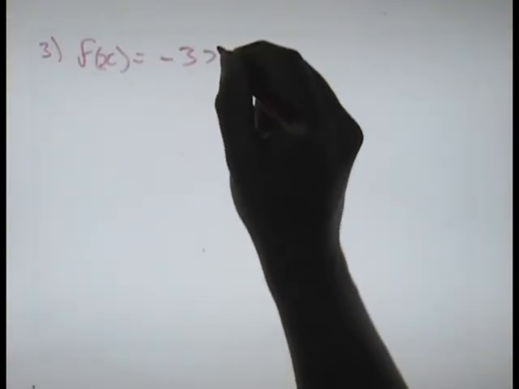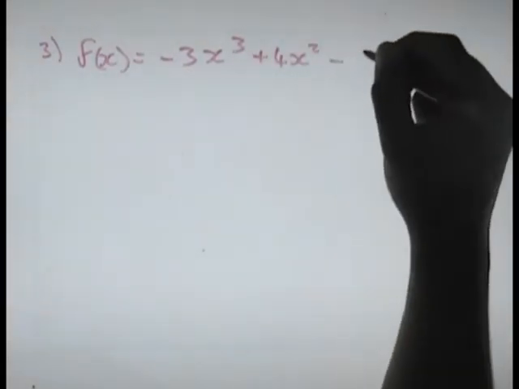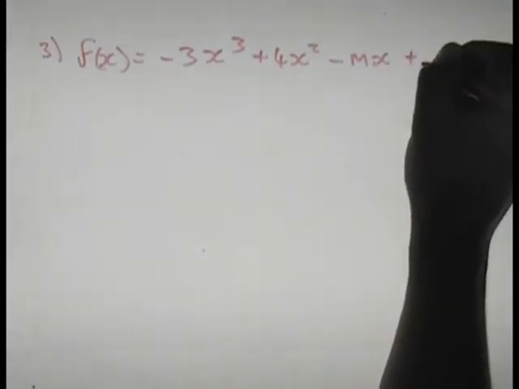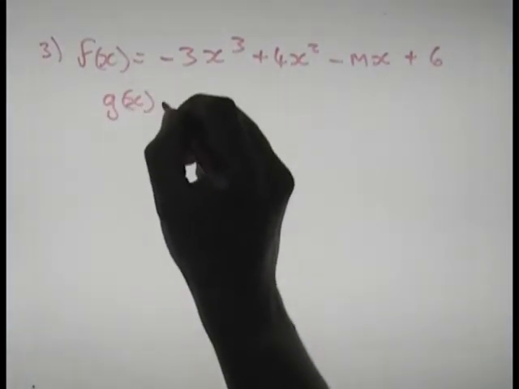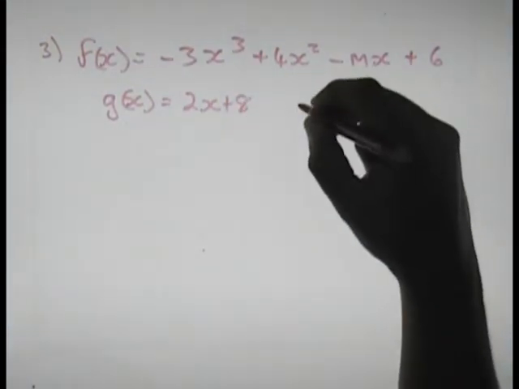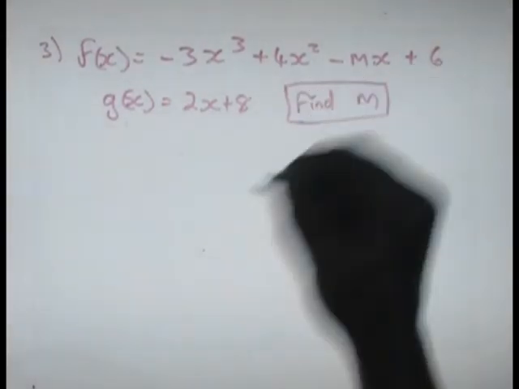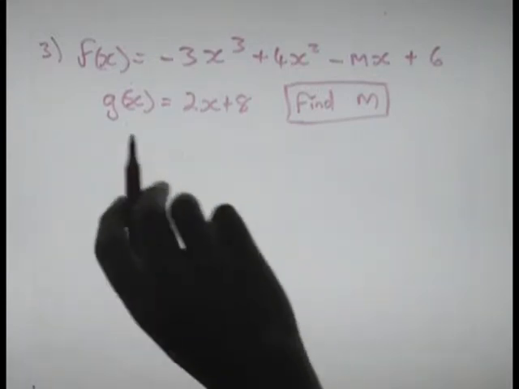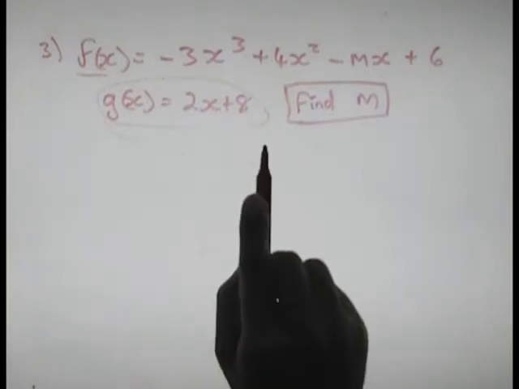Number 3 read: f of x is equal to negative 3x cubed plus 4x squared minus mx plus 6. And I said that it is divisible by g of x, which is equal to 2x plus 8. Then I said find m. The way we're going to do this, remember I'm saying that this is divisible by this over here.